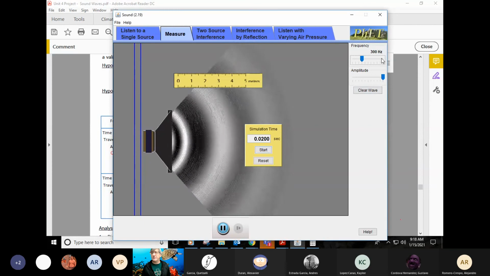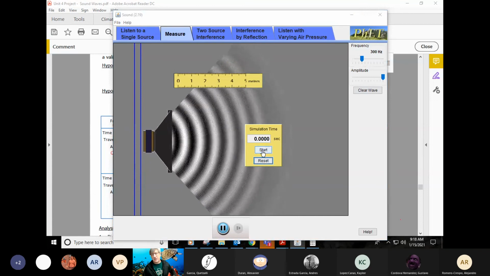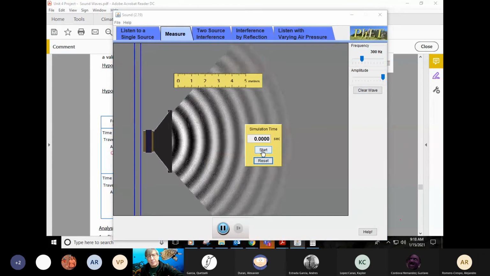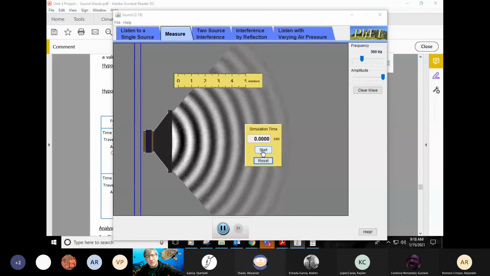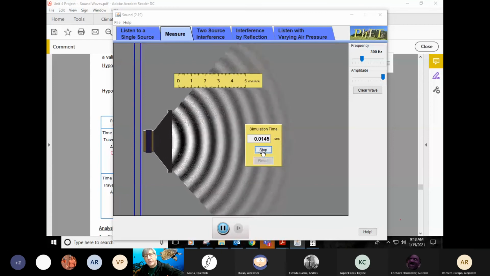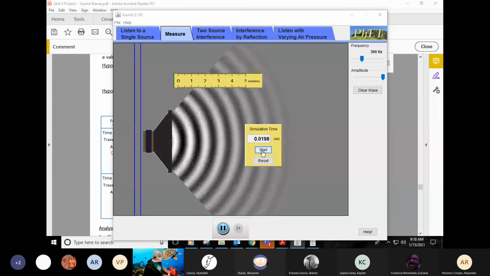All right, I'm taking it up to 300 hertz. I'm resetting the clock, and we're going to follow these higher frequency waves. They're still bass notes, but they're not quite as low as the other ones. 0.0198.